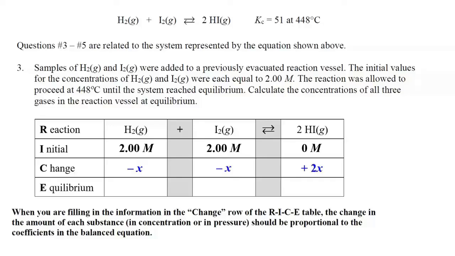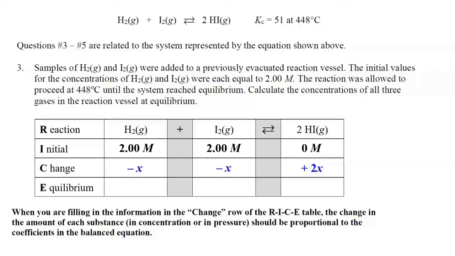So remember that when you are filling in the change row of the RICE table, the change in the amount of each substance in concentration or in pressure should be proportional to the coefficients in the balanced equation. So because the coefficients from left to right are 1, 1, and 2, it makes sense that the magnitude of the change is x, x, and 2x.